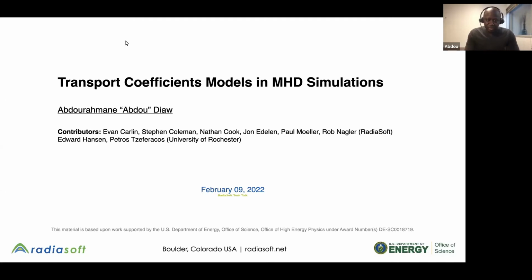There are a lot of contributors to this work here at RadiaSoft, but also our collaborators at the University of Rochester at the Flash Center, who helped us implement models into the Flash hydrocode.